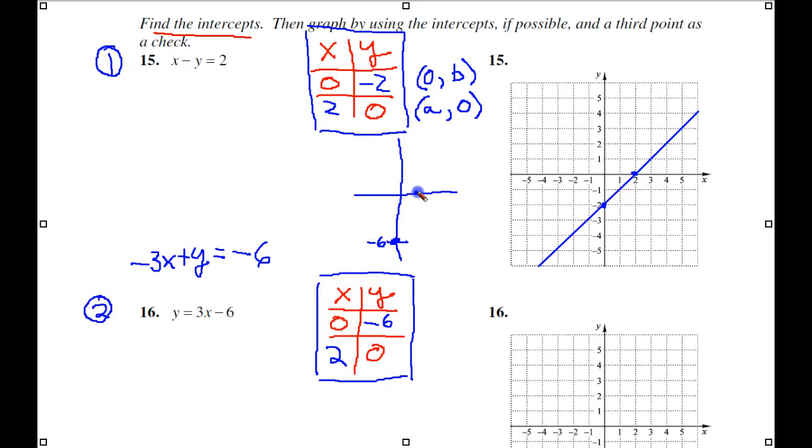It's right about there. And then this will be my graph. So, again, I ran out of room to do it there, but that's what it looks like. So let's take a look at something here before we go on.